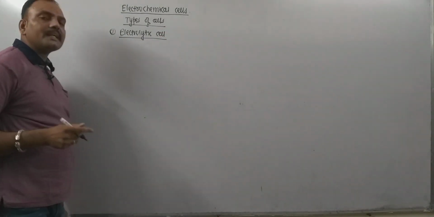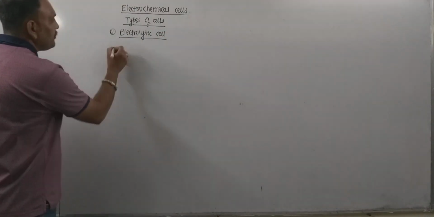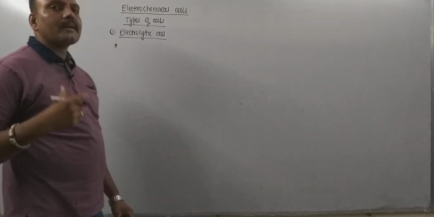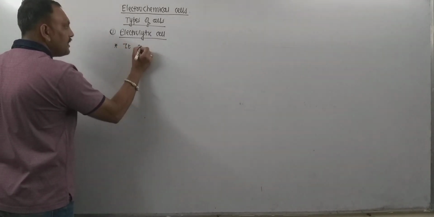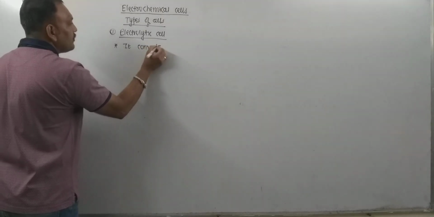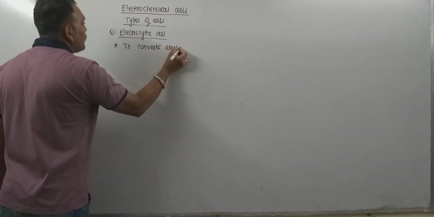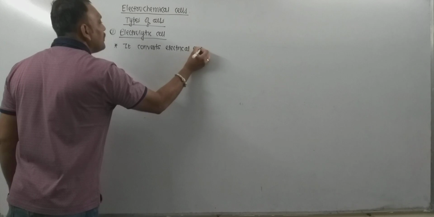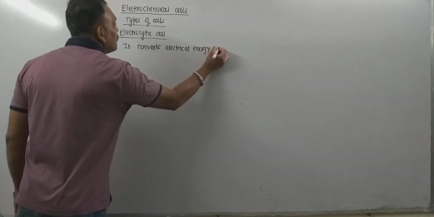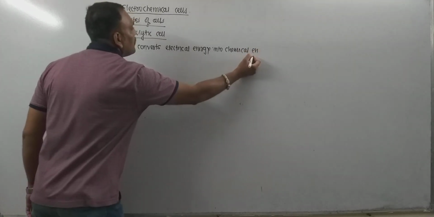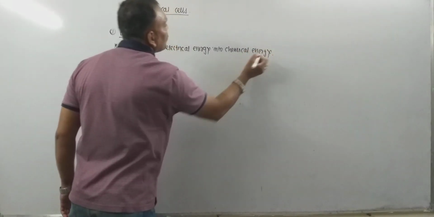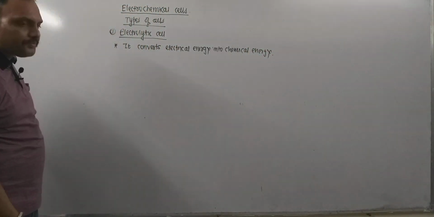Now an electrolytic cell is a device which can convert electrical energy into chemical energy. I mean it converts electrical energy into chemical energy.